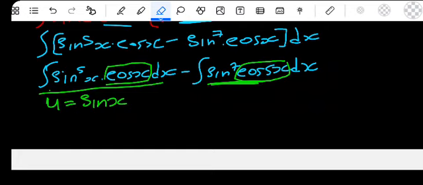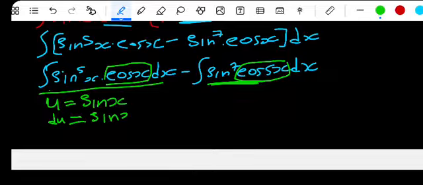All right, so we take our du over dx. We have du over dx, this is the same as the derivative of sine, which will be cos x, isn't it?